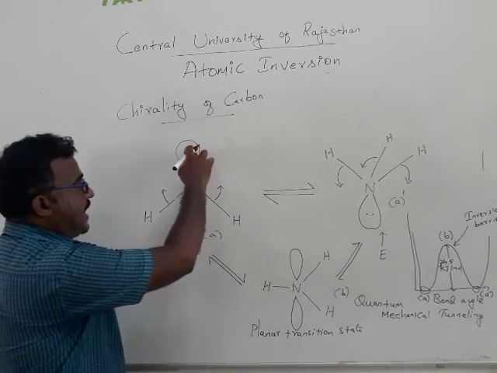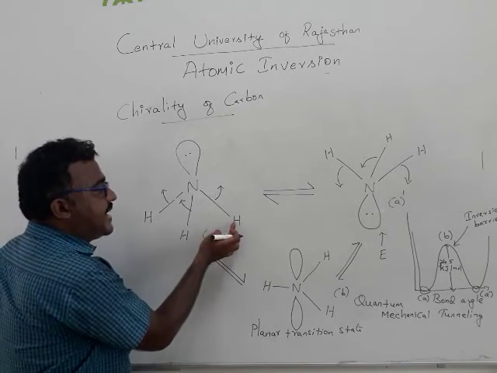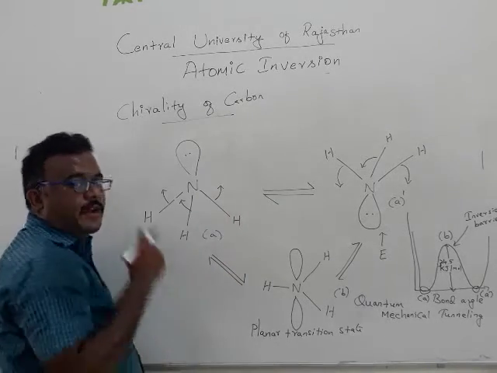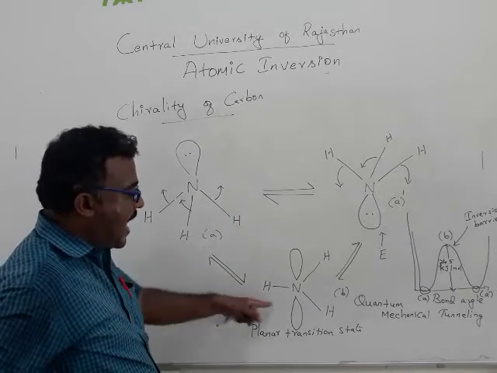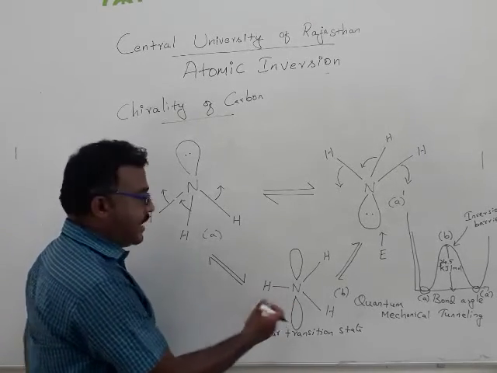The lone pair of electrons can diffuse from one side to the other side. At the same time, the hydrogen atoms can move from the back side to the front side. So it can occur via a planar transition state.